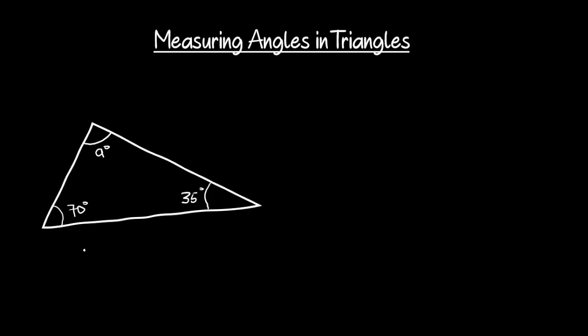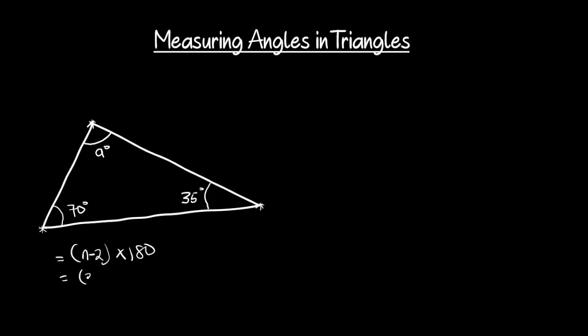So basically, to find the sum of the internal angles of a polygon, we use the formula n minus 2 multiplied by 180. The n is the number of vertices that the polygon has. In this case we are dealing with a triangle, and it has 1 vertex, 2, and then 3. Basically it has 3 sides.